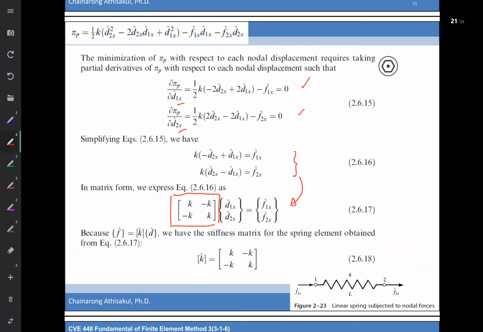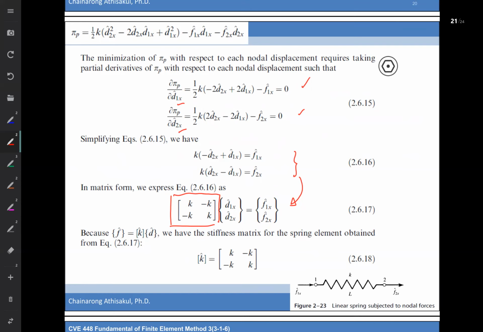So it may not be convenient to derive the equation for a complicated element type. For complicated element types, normally we apply the energy method like this to derive the element equation.